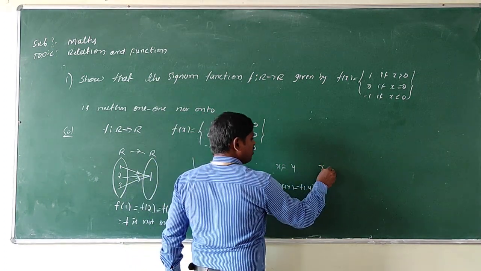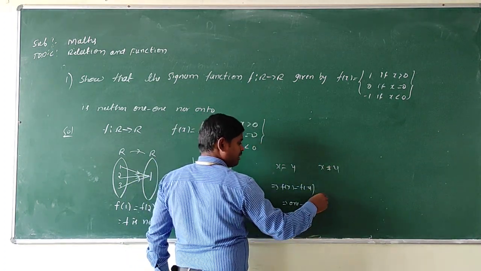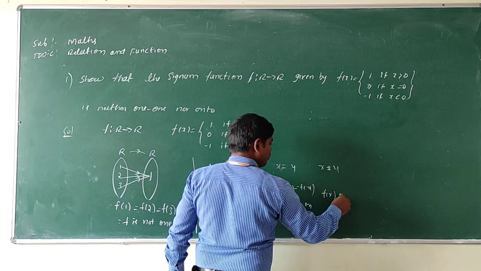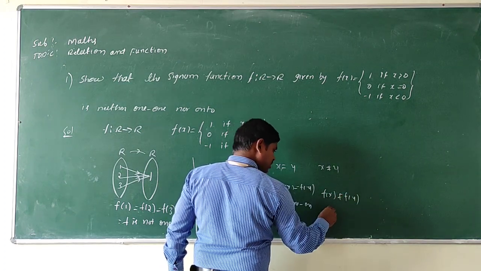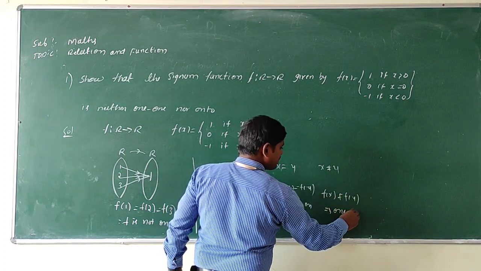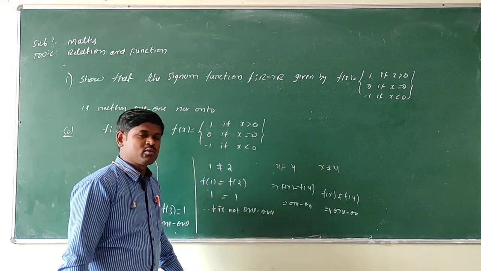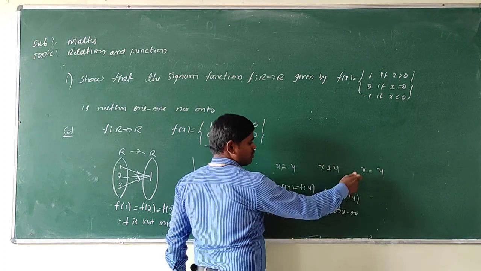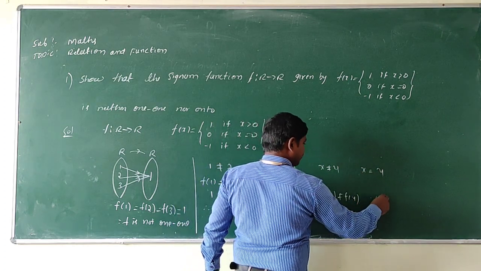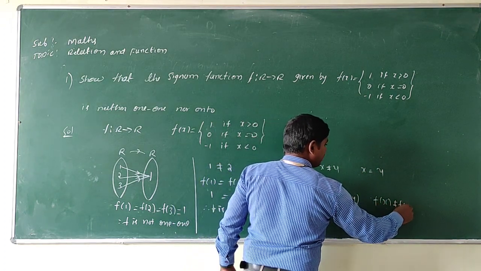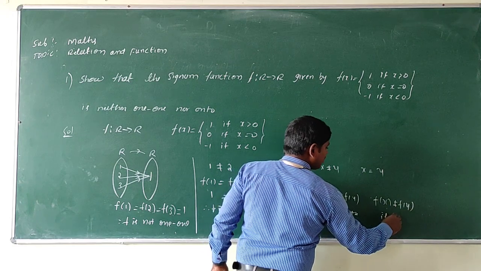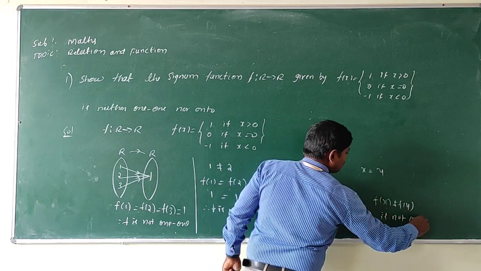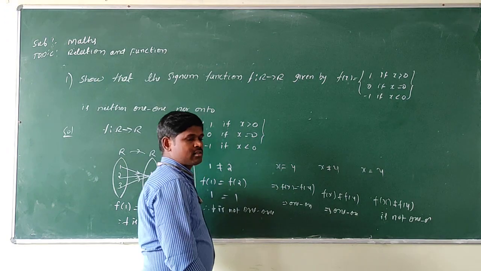Or, if x is not equal to y and f of x is not equal to f of y, then also it is a 1-1 function. Same. Suppose we take x is equal to y, and finally we get f of x is not equal to f of y, then this is not 1-1.